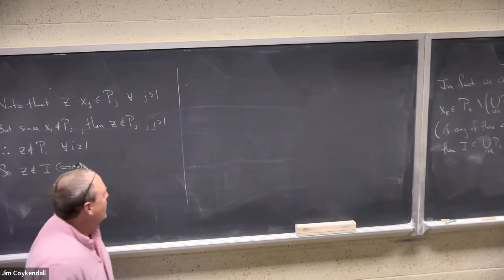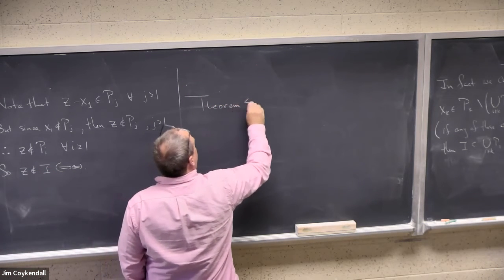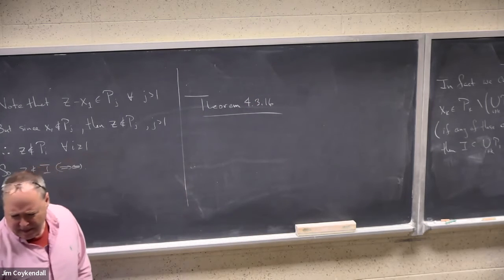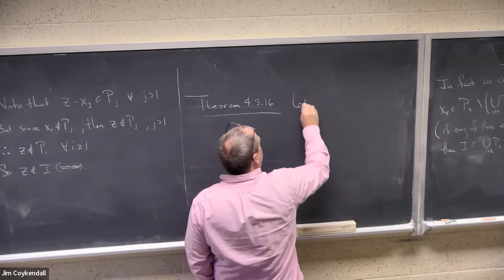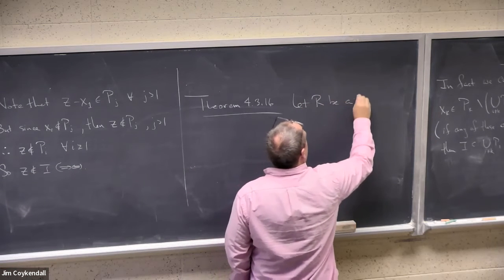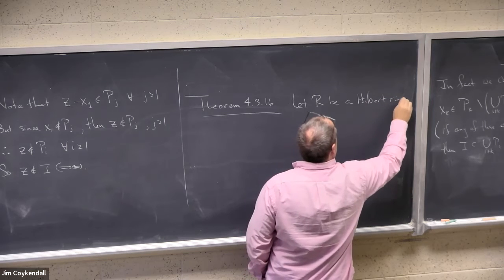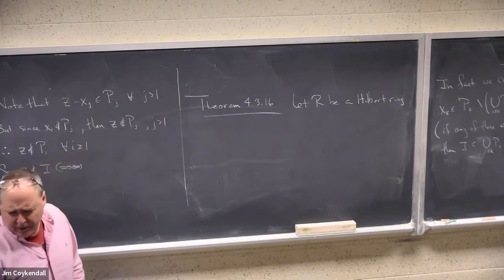Okay, there are 4.3.6. Let R be a Hilbert ring. And remember what that means is all the G ideals happen to be maximal ideals.